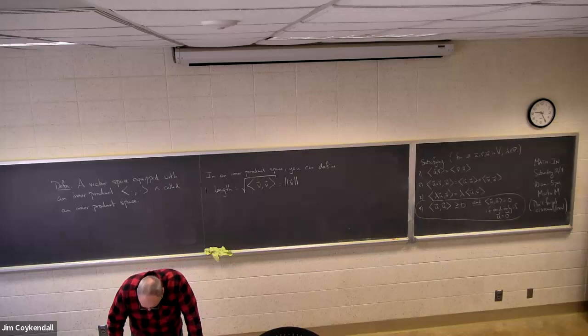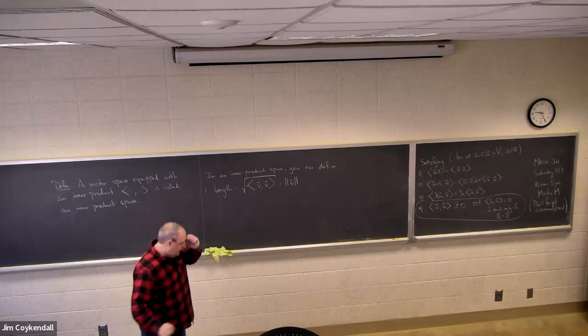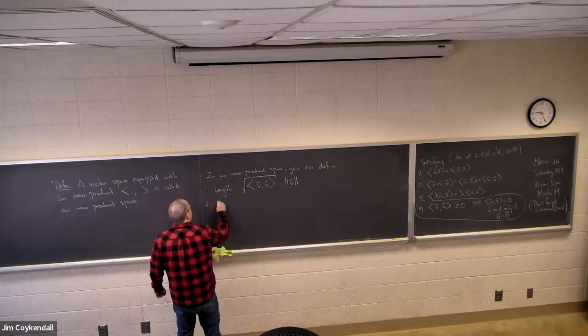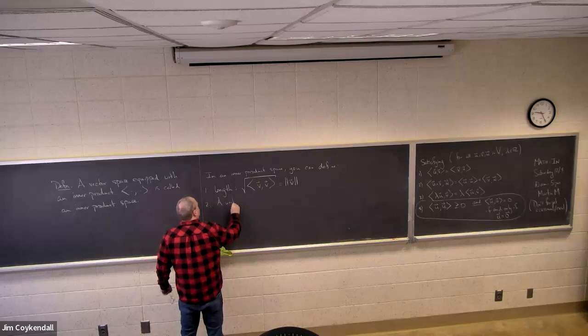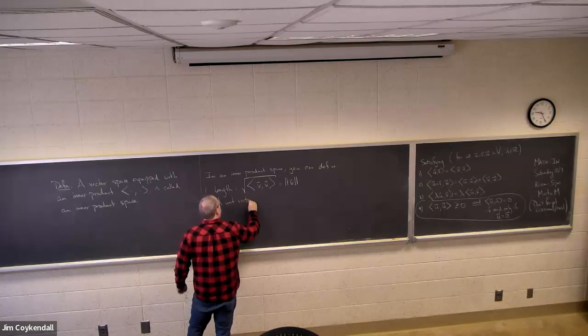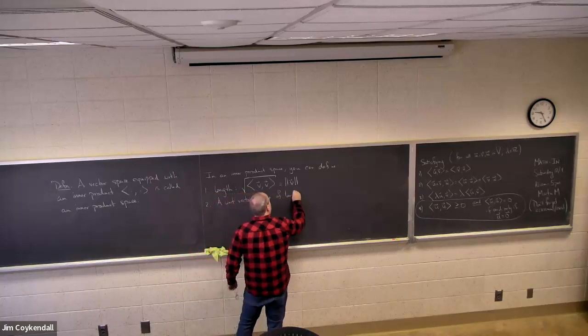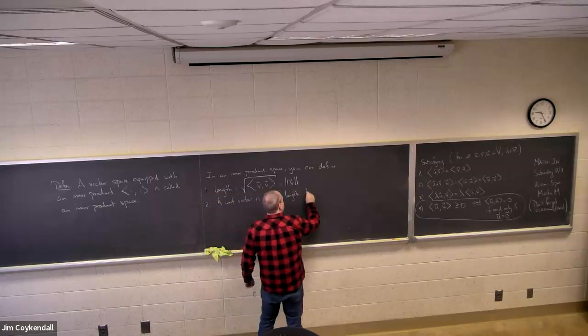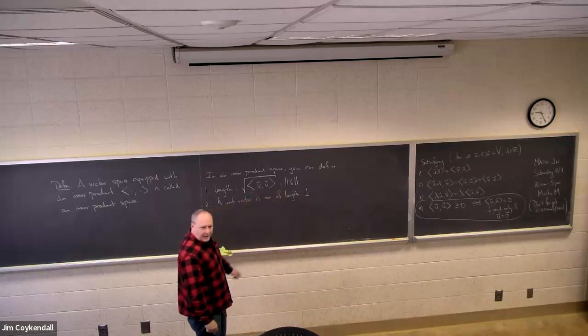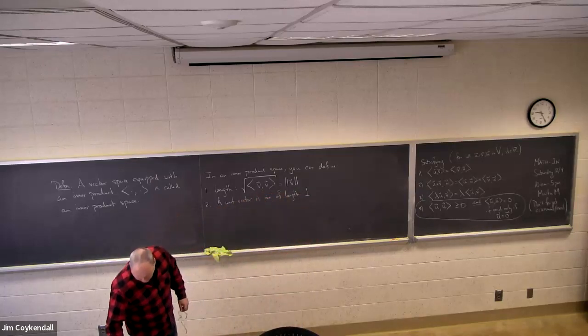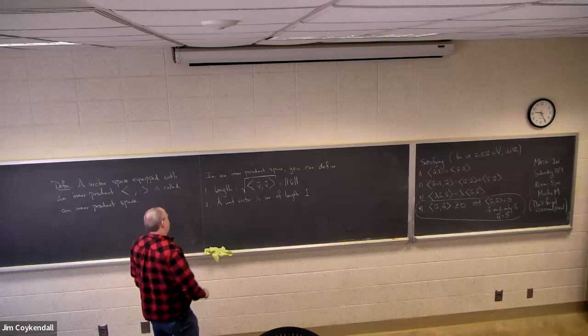We can define other things that we've defined before. A unit vector is one of length 1. So we can use that length and scale it to whatever you like.